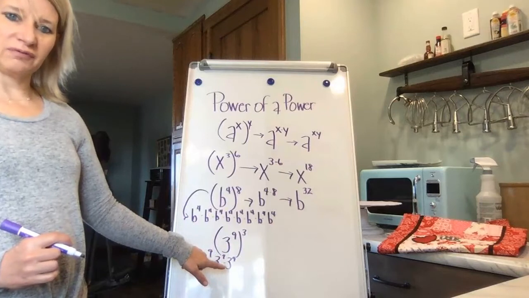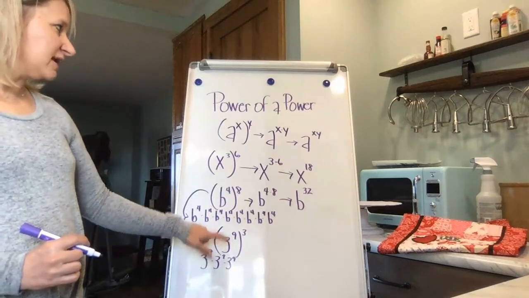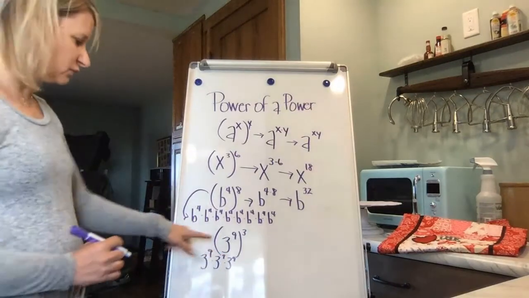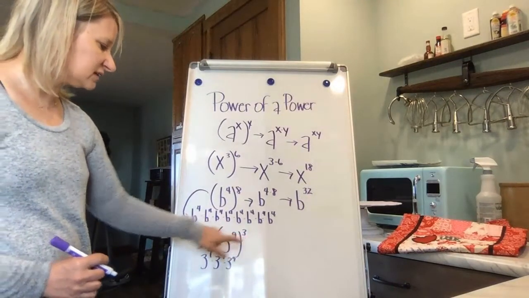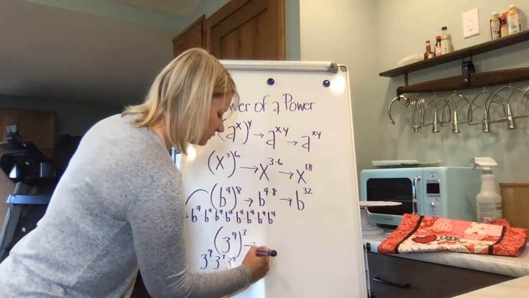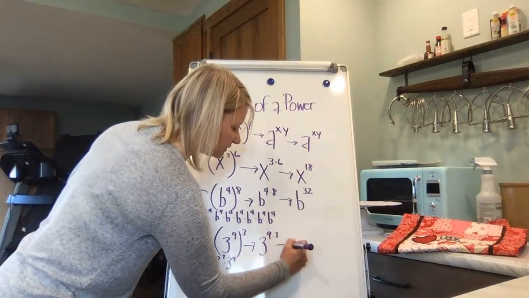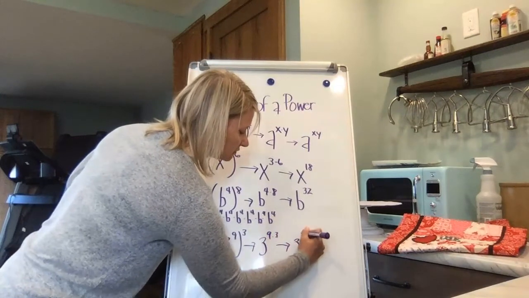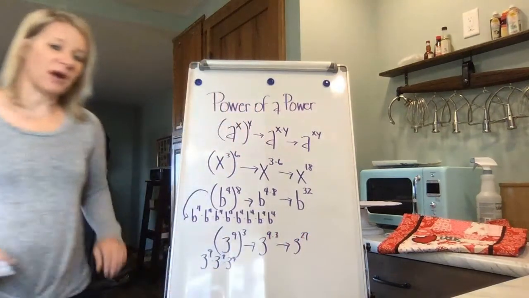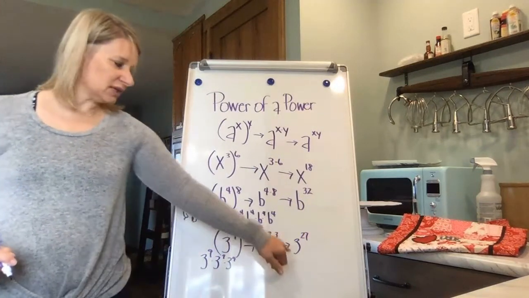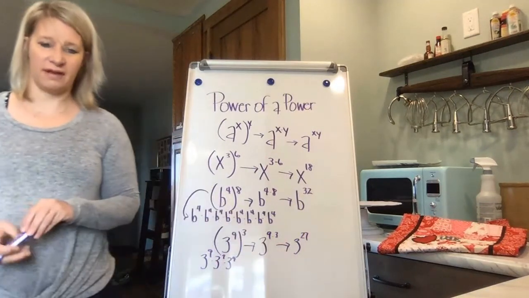That was the rule that we learned earlier this week. But now we have a different rule, power of a power, that says we don't need to do all this work. We can just multiply this 9 times 3. So this would become 3 to the 9 times 3, and then I'm going to simplify that to be 3 to the 27th. Remember, I don't care what 3 to the 27th is. I just want you to get to this point. I just want you to simplify.